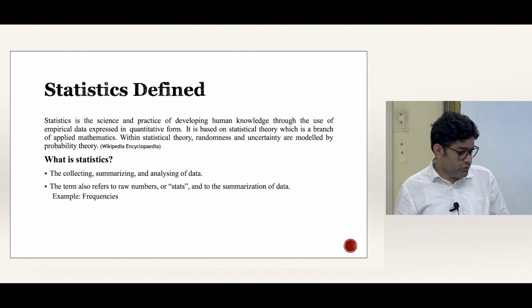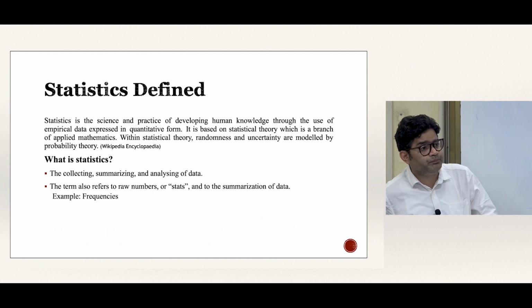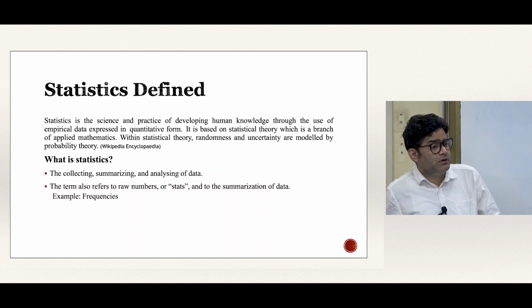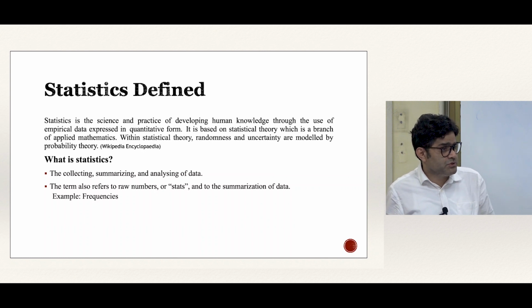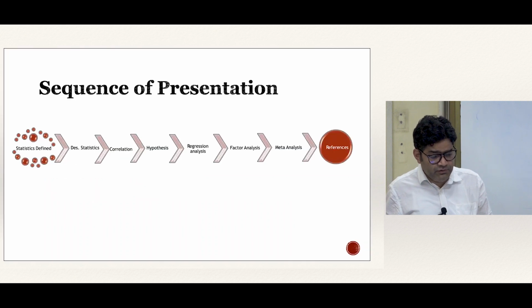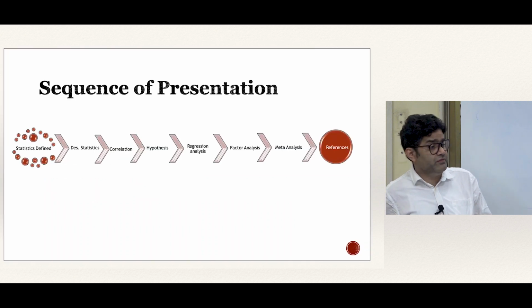We don't want to talk about the sample. But you know that it is very difficult to study the entire population. So what we are doing, we are choosing a small sample, and based on that sample, we are making some inferences. So the very first thing which we have written here is statistics defined.